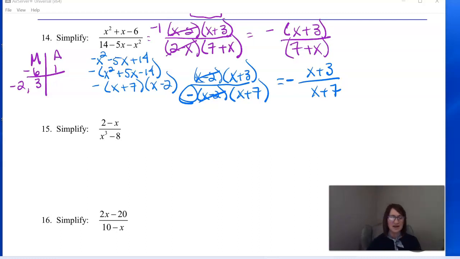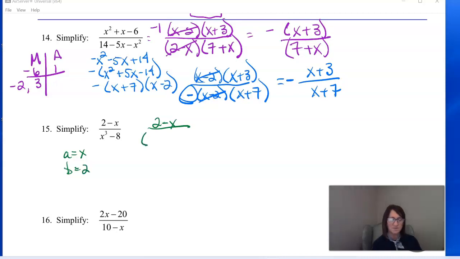All right, let's look at example number 15. I have a 2 minus x in the numerator. In the denominator, I have the difference of 2 cubes. So my a is x, my b is 2.